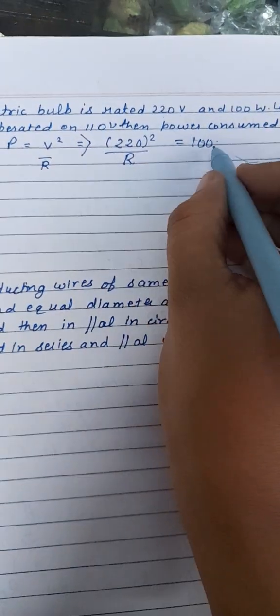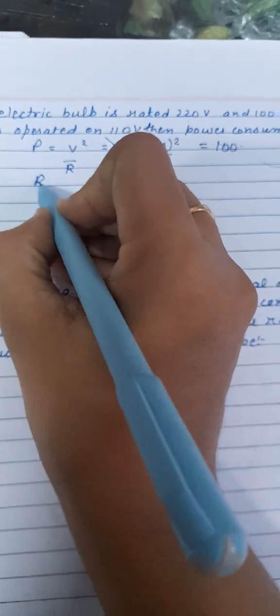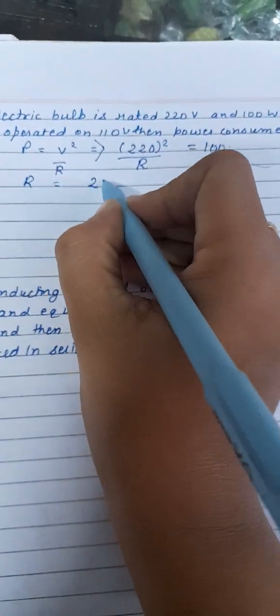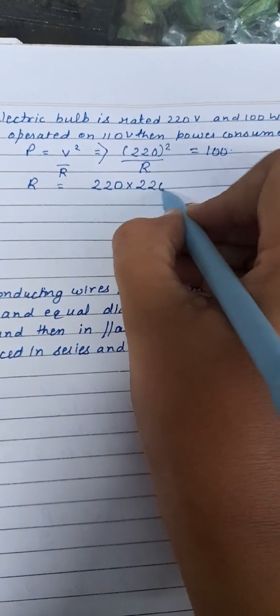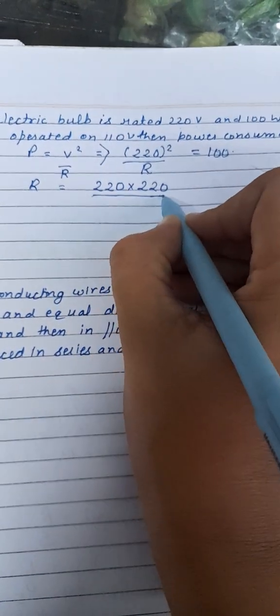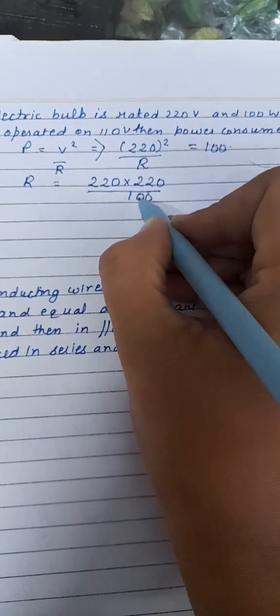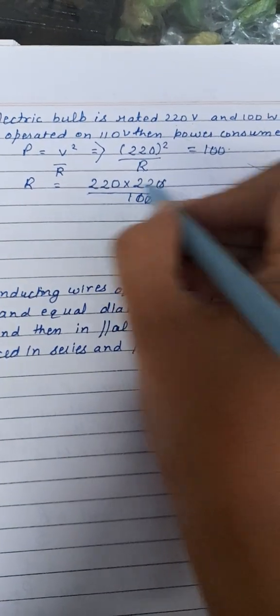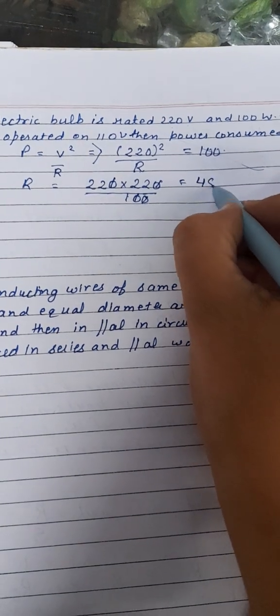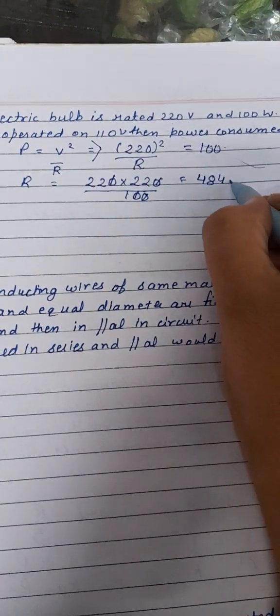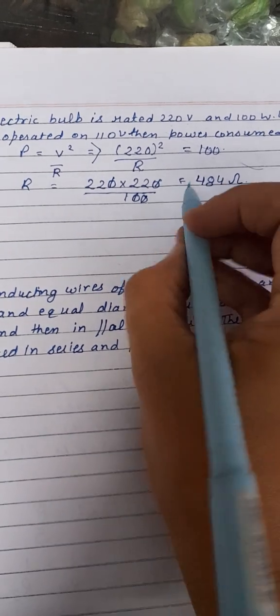Then cross multiply it, then R equals 220 square divided by 100. 2 zeros cancel out. 22 into 22 is 484. Here is the resistance and its unit is ohm.